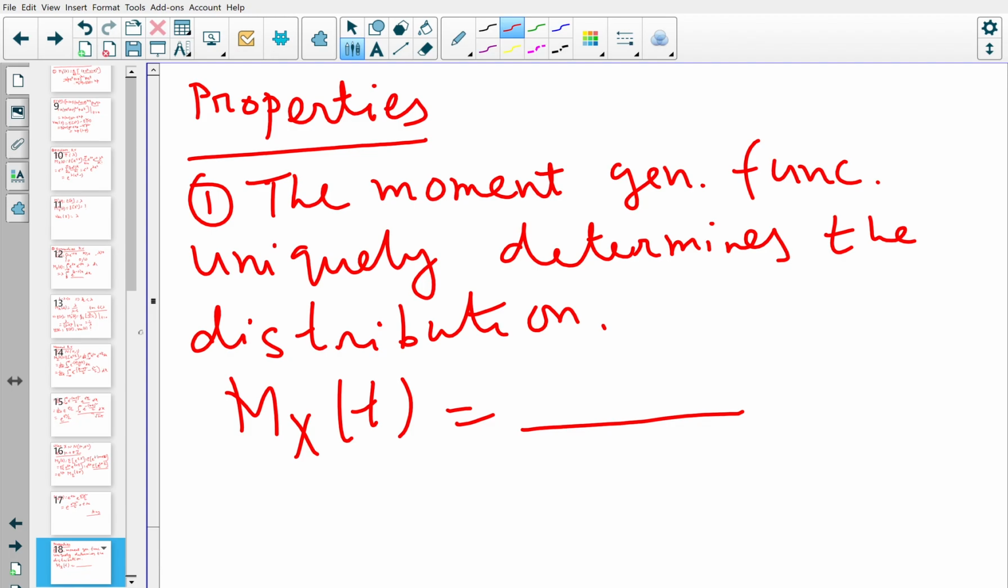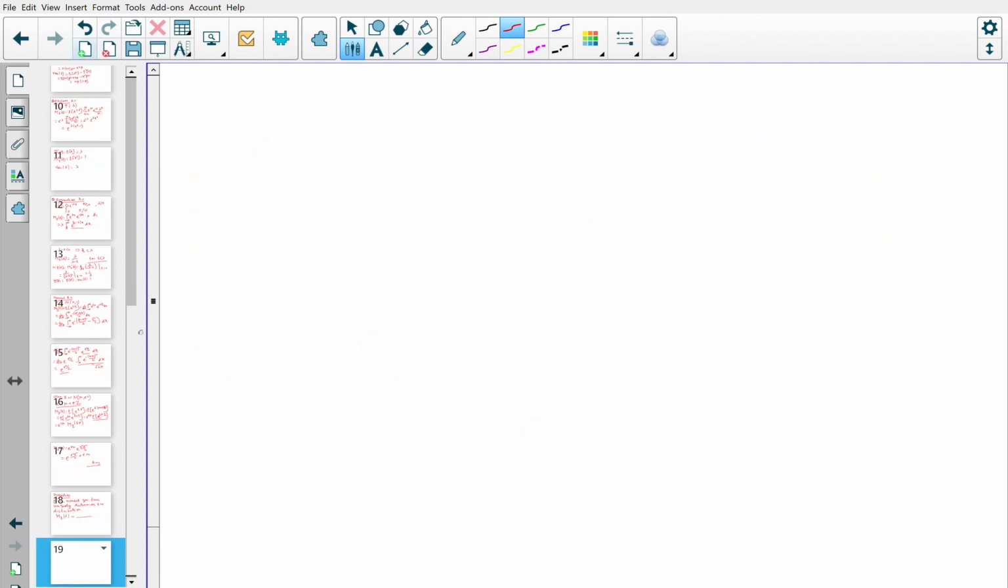By this property, if you want to check whether some random variable is binomial or exponential or something, it is easy to find the moment generating function, and if it is matching with those parameters, then you can easily tell that this is binomial or exponential or a normal distribution.